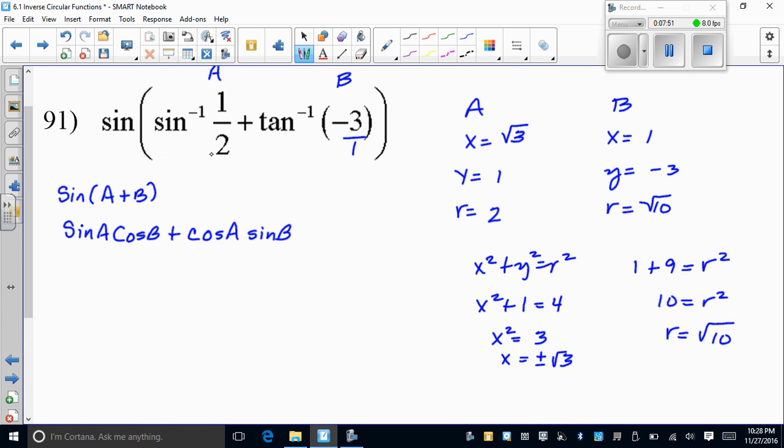Cosine of b will be 1 over radical 10 plus the cosine of a, radical 3 over 2, times sine of b, -3 over radical 10.